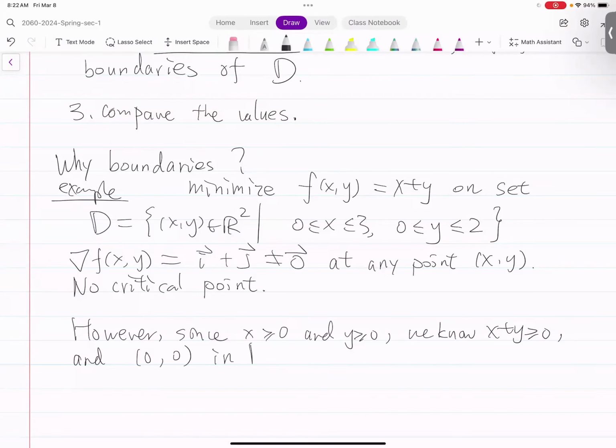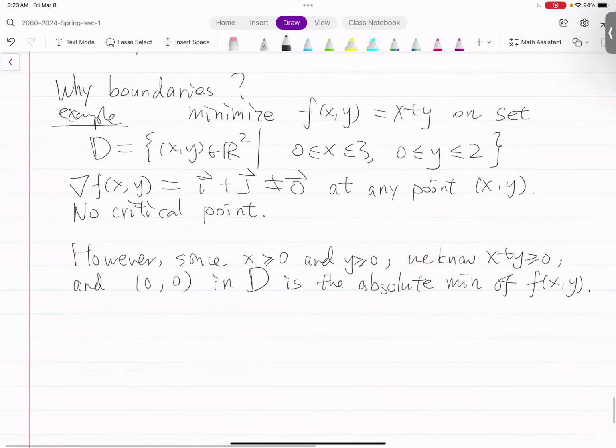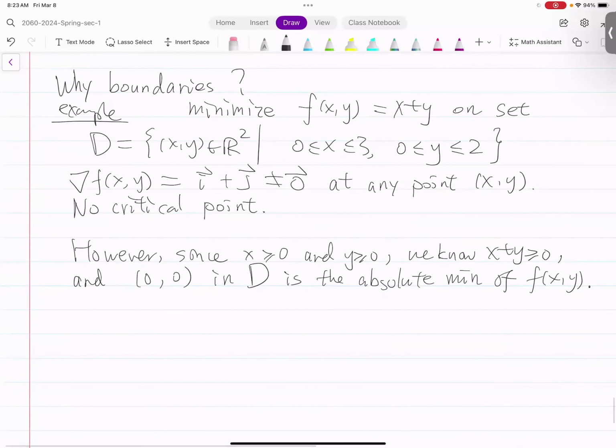This is in D, okay? And this is the absolute minimum of our function. So, well, essentially, we end up with the corner point of the domain, which is on the boundary.